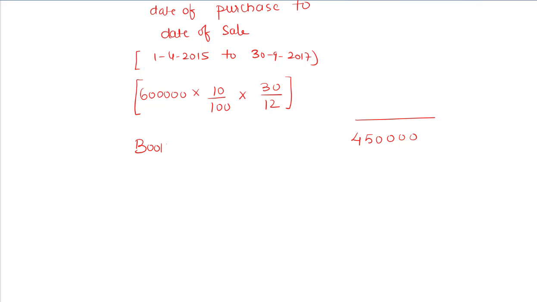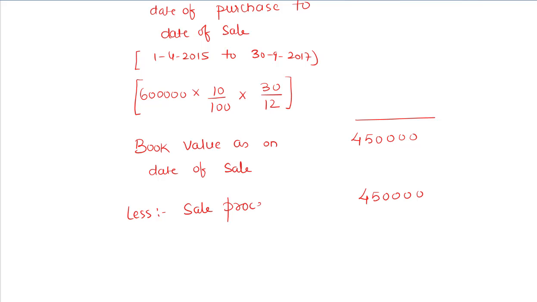So this is book value as on date of sale. Book value as on date of sale is 4,50,000. Sale proceeds is 4,50,000.